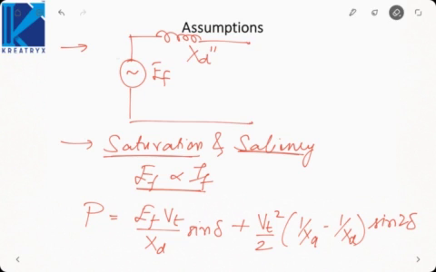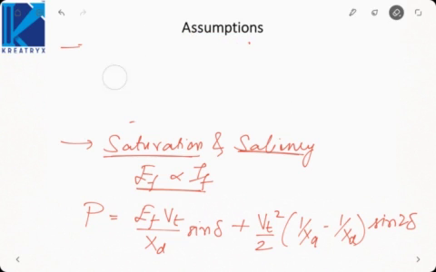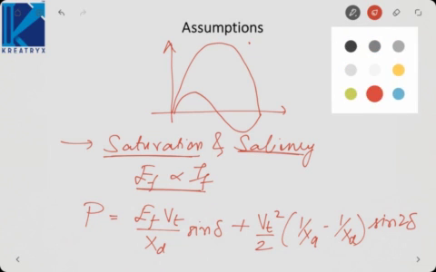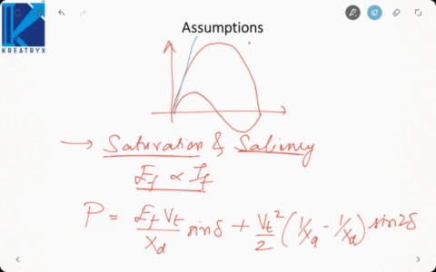If we plot the curve, the first term is your electromagnetic power, the second term is your reluctance power. So this will be my first power, this will be the second, and overall power will be like this. So Pmax is higher. In a cylindrical rotor, this will be the Pmax, but in a salient machine, this will be the Pmax.